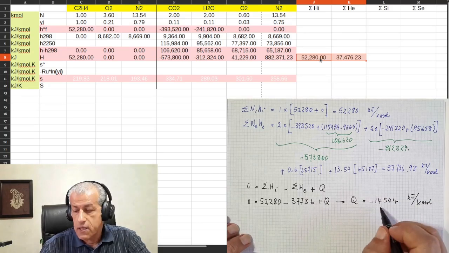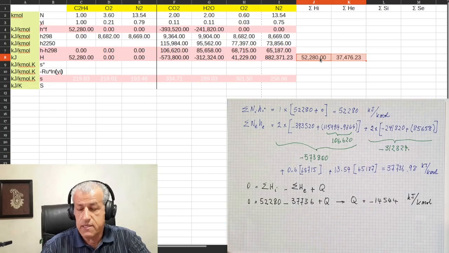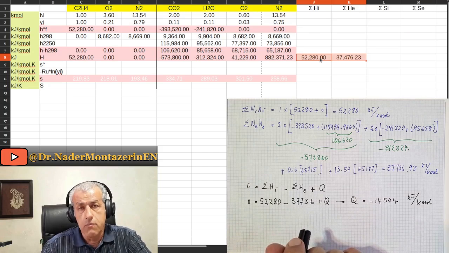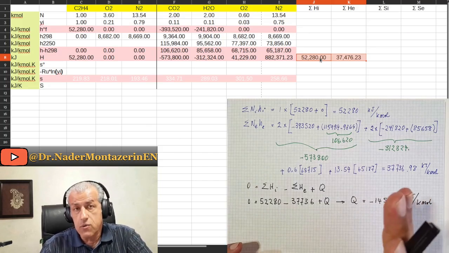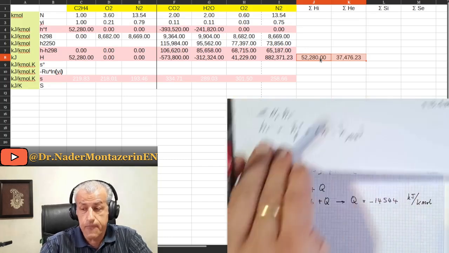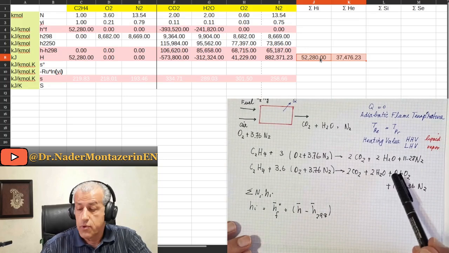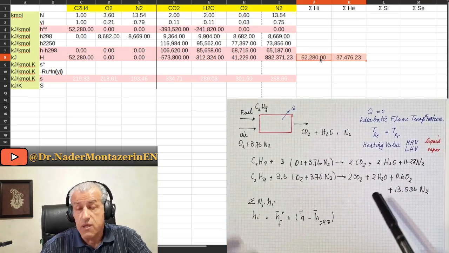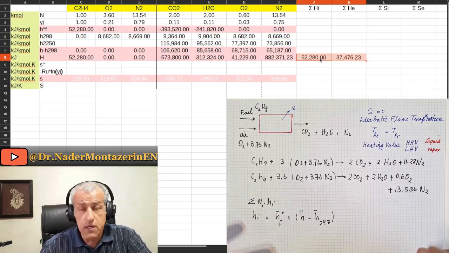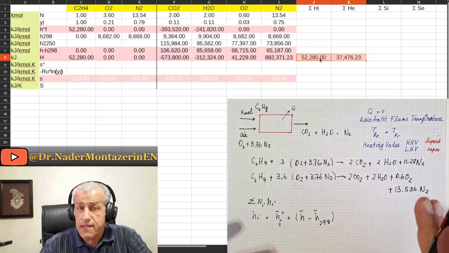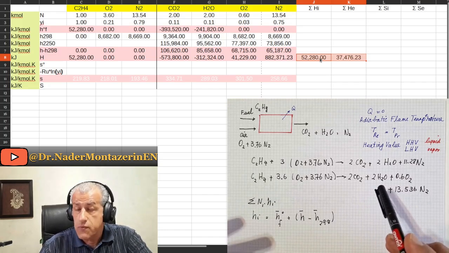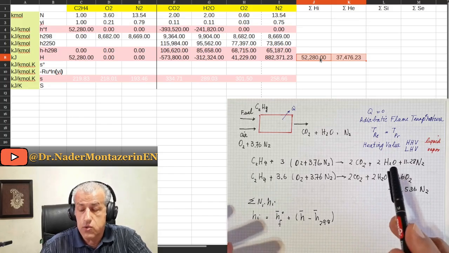You see, Q is negative, and that means that heat leaves our control volume. Once it leaves our control volume, that would mean that our products could in fact be even warmer than 2,250 if no heat had left our control volume. Then our products would have a temperature even higher than 2,250.